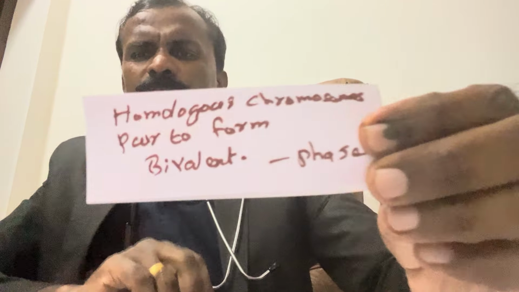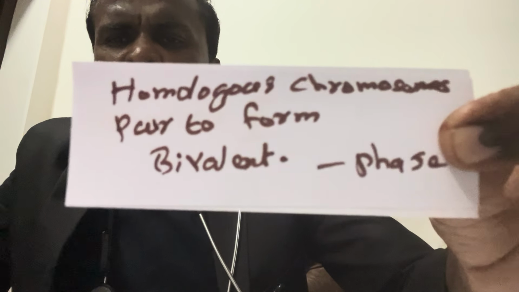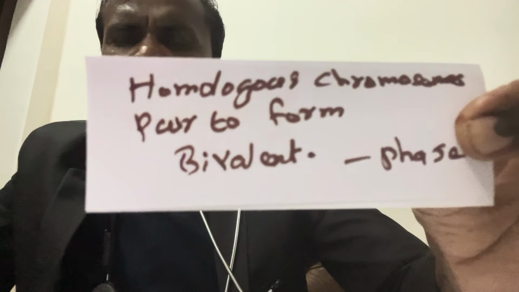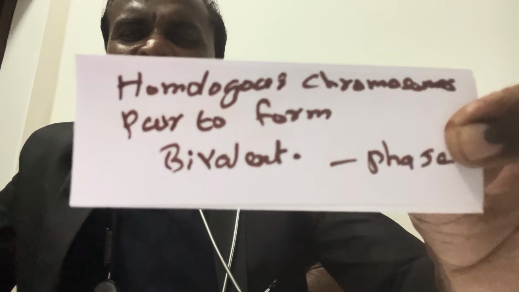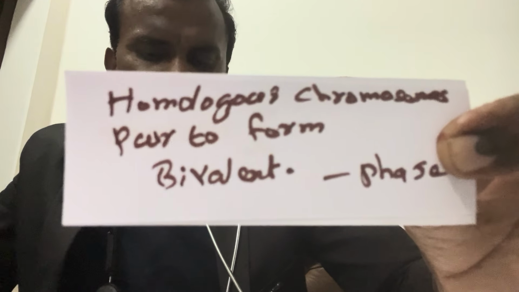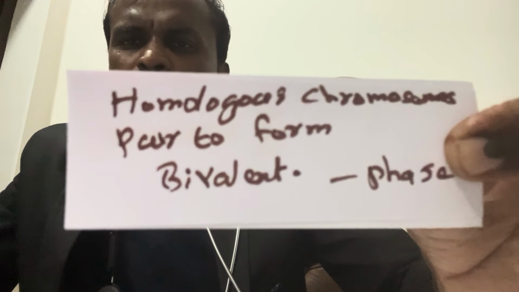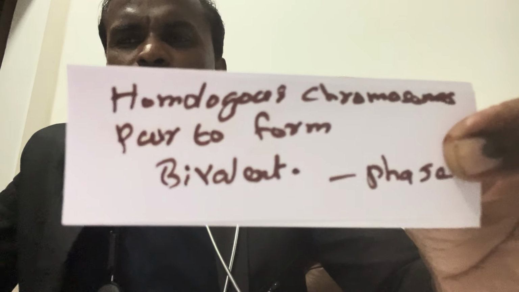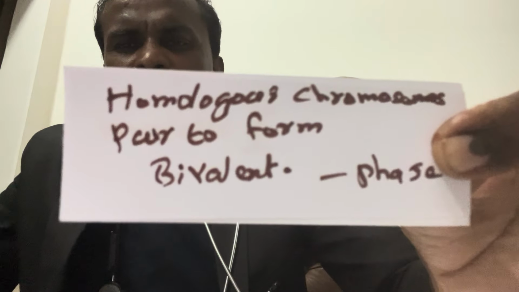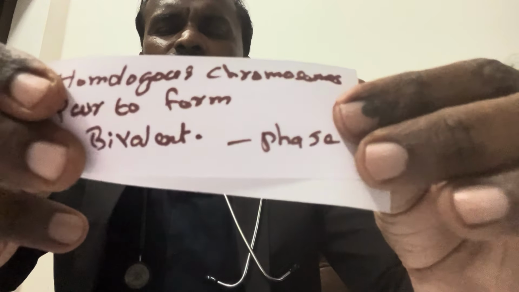Homologous chromosomes pair to form bivalent in which phase? Homologous chromosomes. In which phase?